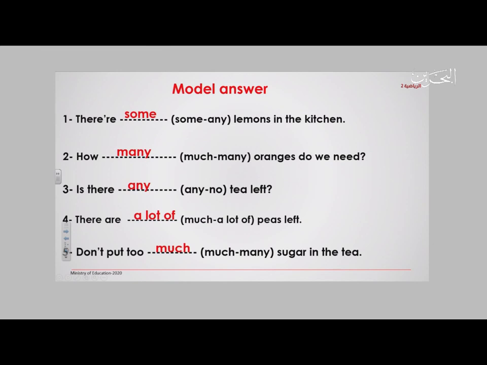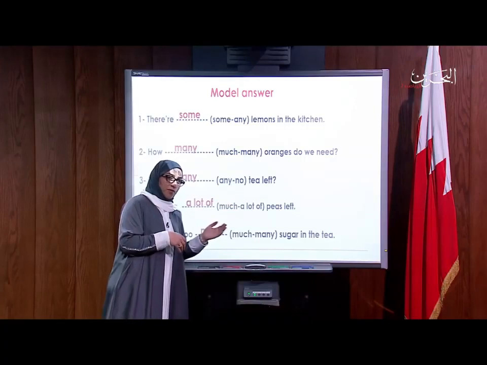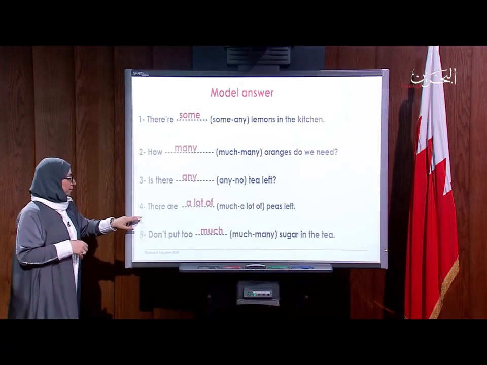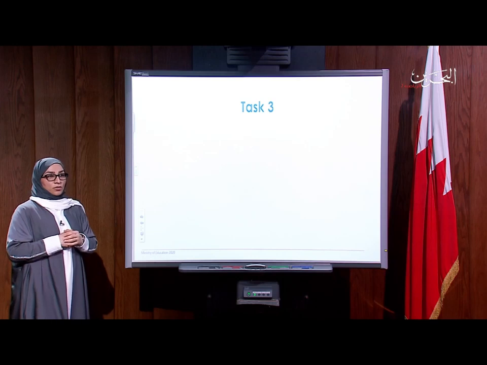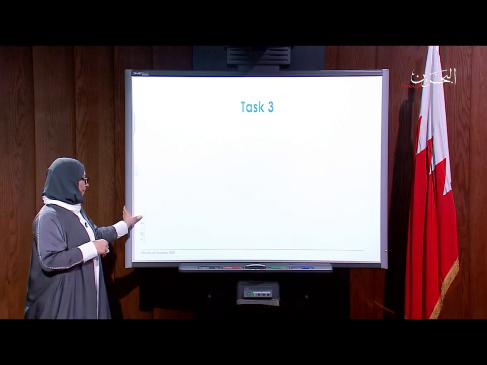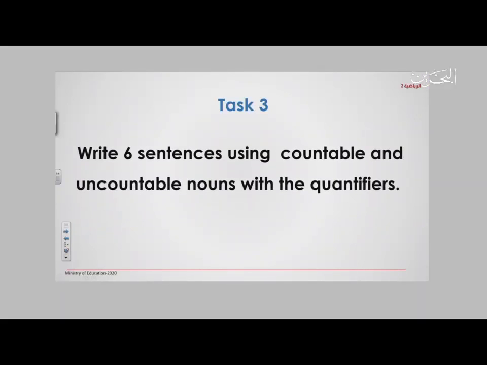I hope that you have all of them right. Even if you have a mistake, no problem. You can practice again and again and go back to the previous slides. Let's go to task 3. Write 6 sentences using countable and uncountable nouns with the quantifiers we introduced.